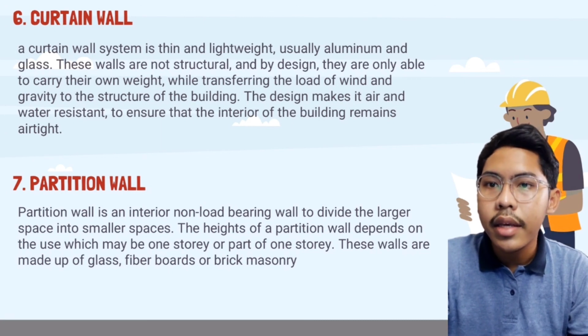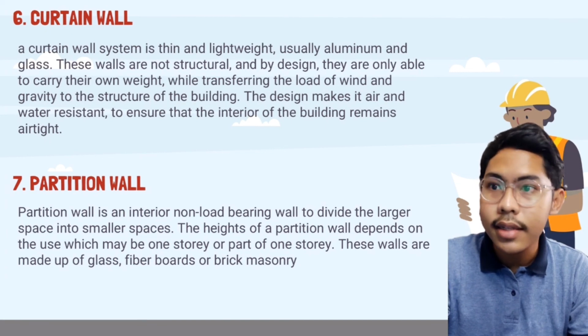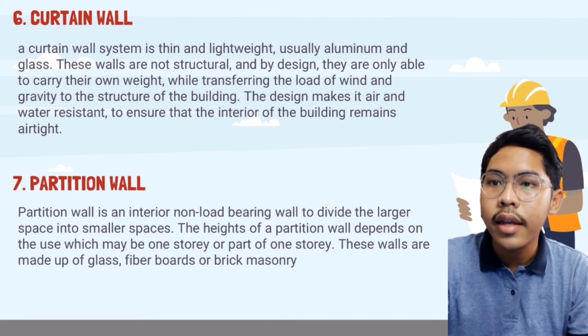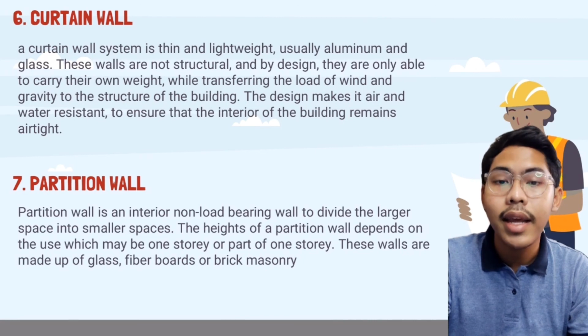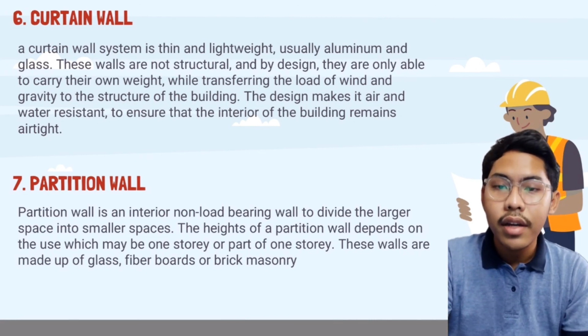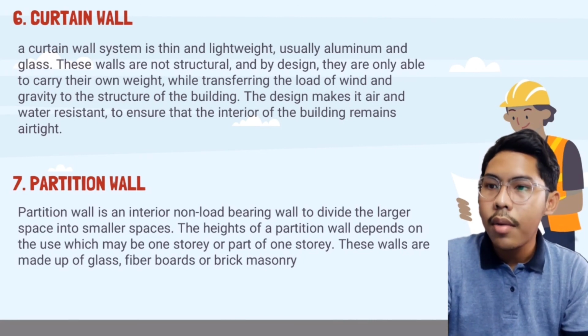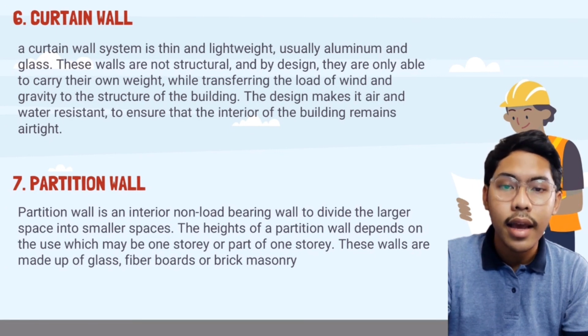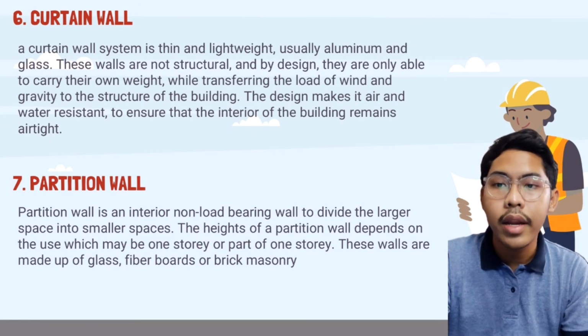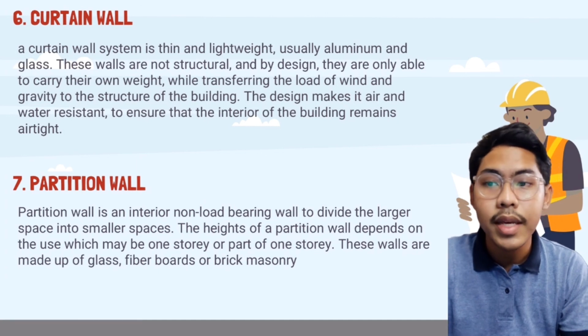The design makes it air and water resistant, and ensures that the interior of the building remains airtight. And number 7 is the partition wall. A partition wall is an interior non-load-bearing wall that divides a larger space into smaller spaces.